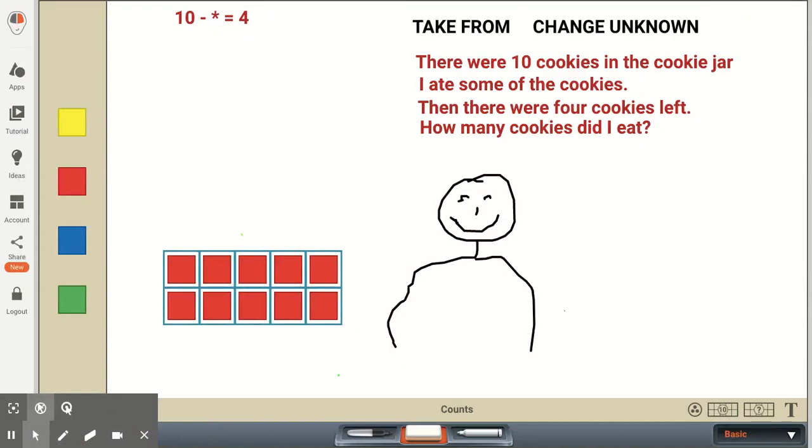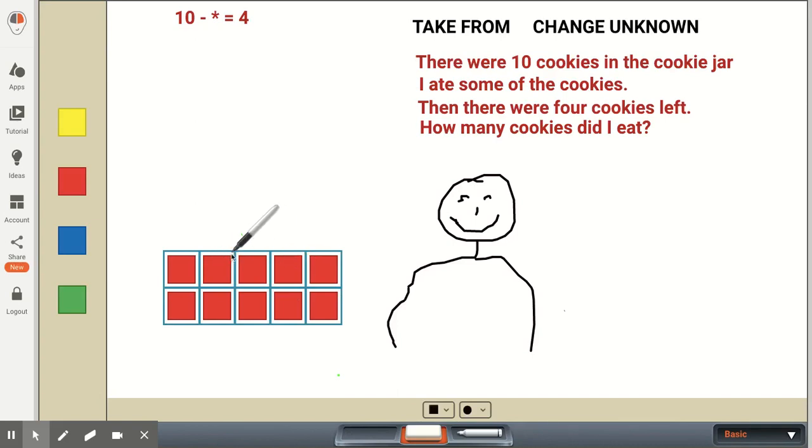Some first graders may think of solving this word problem using a 10 frame. So they would fill up with tiles each of the frames in the 10 frame to represent the 10 cookies in the cookie jar. And then what they may do, if they were doing this on paper, is take a pencil and think, okay, well, there were 10 cookies in the cookie jar, and there's only going to be 4 cookies left.